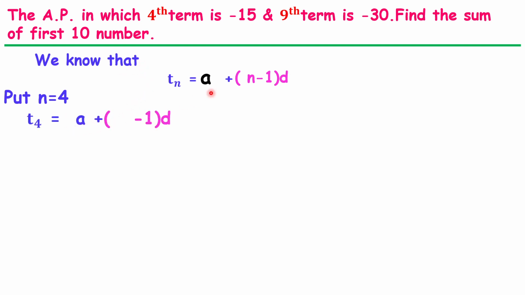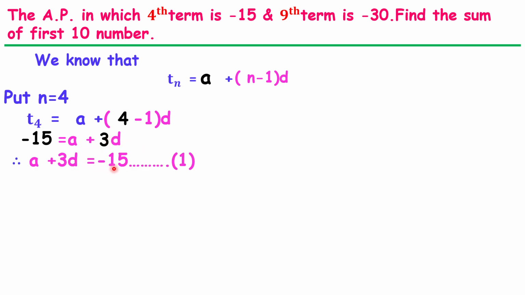Therefore T4 is equal to a plus (4 minus 1) into d. The fourth term is given as negative 15, equal to a as it is plus, 4 minus 1 is nothing but 3d. Therefore a plus 3d is equal to negative 15. This is equation number 1.